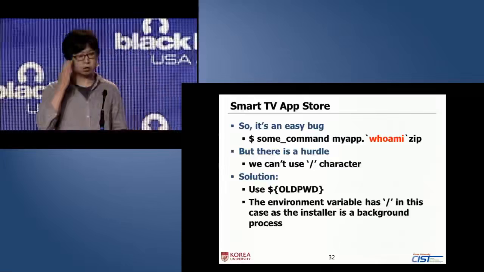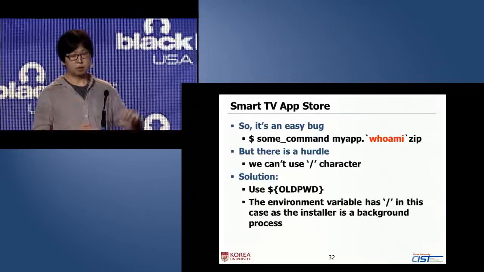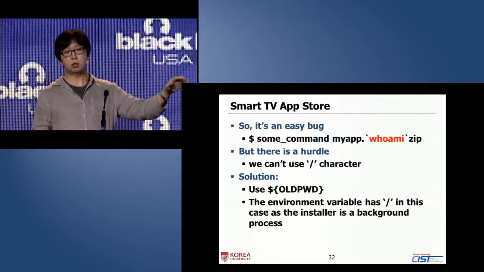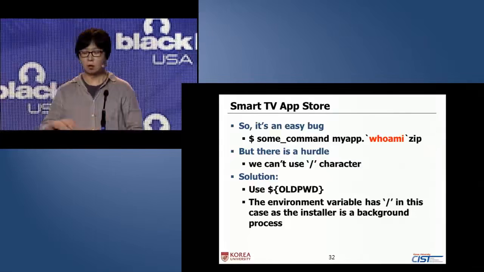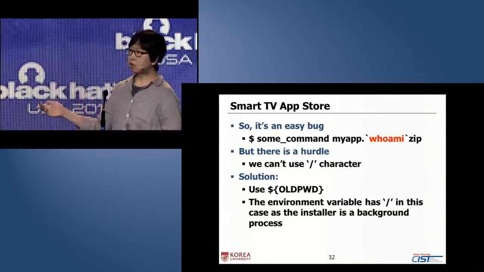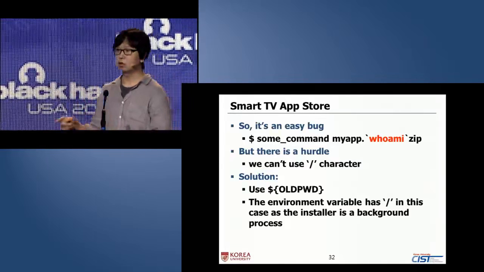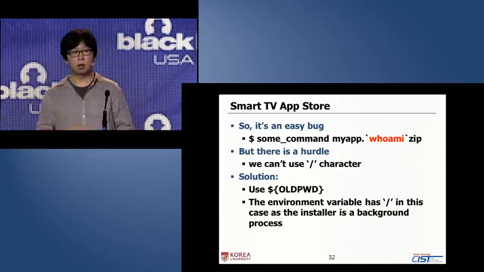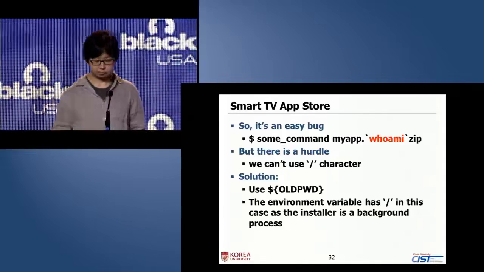The one hurdle was that you cannot use the / character directly, but the installer is a background process, which means it has the old PWD environment. It basically indicates /. So I could use the / character using that environment in Linux.